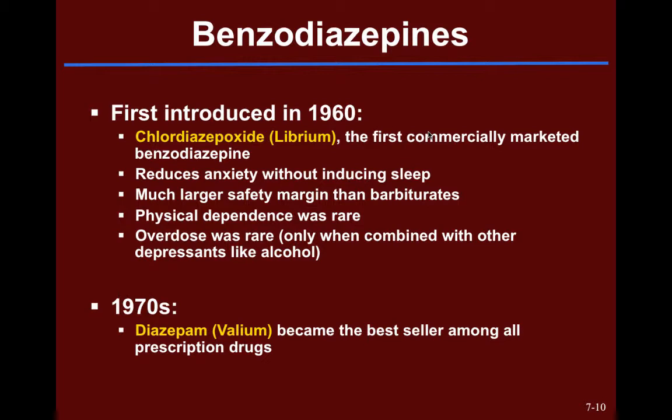And it was much safer than barbiturates. It rarely caused physical dependence. And really the only time that we saw overdose with Librium was when it was combined with another depressant like alcohol. So very successful compared to some of the previous drugs. And then in the 1970s, we saw the introduction of Valium, another drug from this class, which eventually became the bestseller among all prescription drugs at the time.